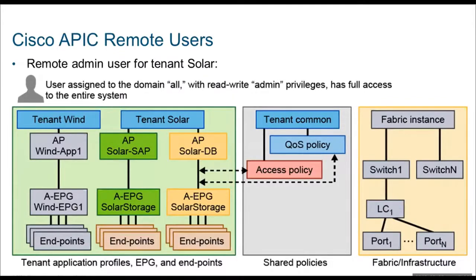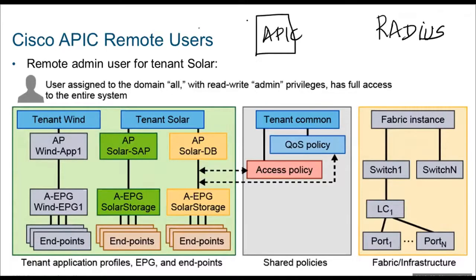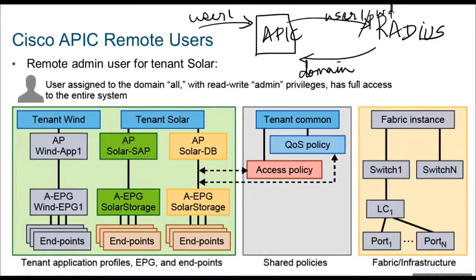I'm going to presume that this is trying to say that when you log in as a remote user, hopefully your radius server, based on the user information, so here's APIC, suppose it's user 1, APIC sends that information after verification and sends the password, and radius would respond back with the domain, the read write, and the role, I'm going to say.